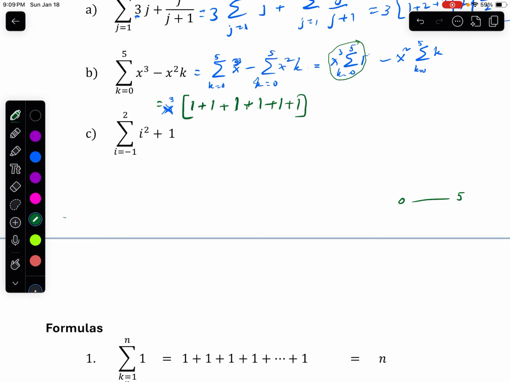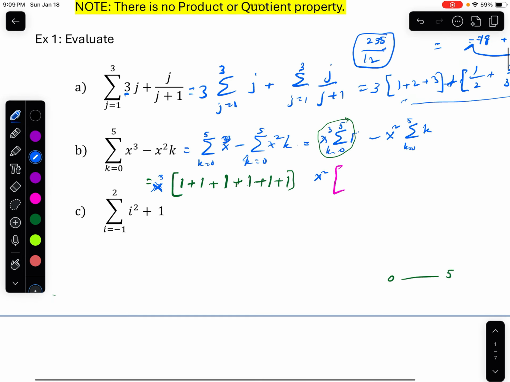Now the second part. So plus x square times, there was a minus, wasn't it? Yeah, minus. This sign was a minus sign. Okay, so now what do I have? Now I have summation k. So it means I have 0 plus 1 plus 2 plus 3 plus 4 plus 5.